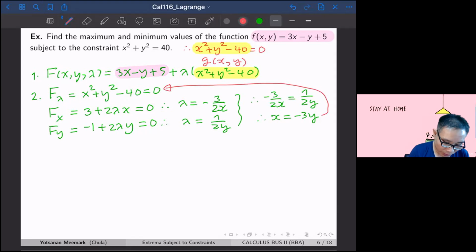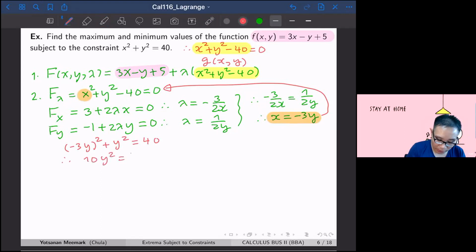So you have negative 3y squared plus y squared equal to 40. This would allow you to get 10y squared equal to 40, and you have y squared equal to 4, okay? And after you have y squared equal to 4, you get y equal to plus or minus 2, okay?